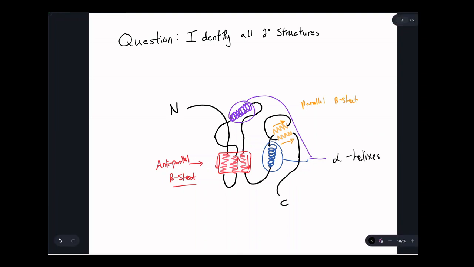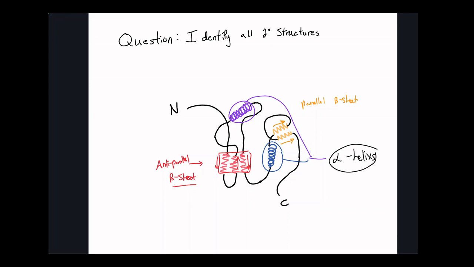Right? We don't have any information about what those amino acids are in this question, so I can't say if they're polar or nonpolar, hydrophobic, hydrophilic. All I know is that I drew a spiral shape, therefore they are alpha helices. With that in mind, right, all the black lines are just irregular secondary structure. They're important, but we don't see that name of alpha helix or beta sheet.